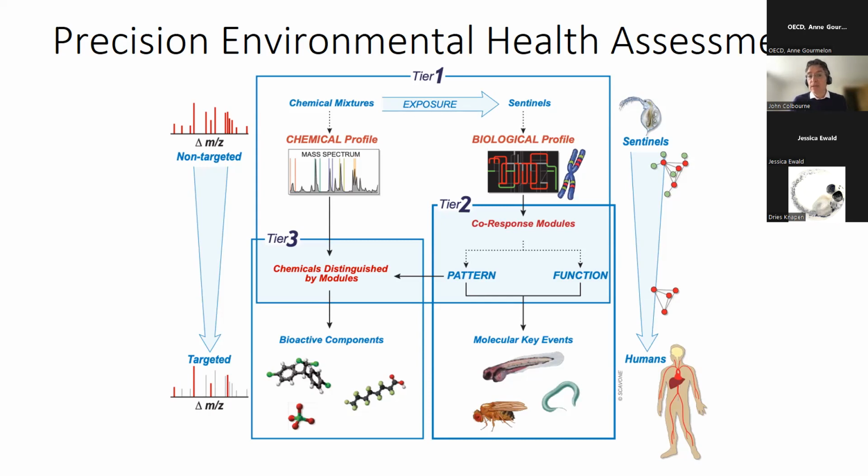You can therefore not only discover the molecular key events that are predictive of adversity, but also distinguish those elements within a chemical mixture that are coalescing in their activity to drive that toxicological response. And so this is one place that maybe in the short to medium term, we can be in a position to apply these approaches that are being talked about here during this webinar into doing true environmental health assessment for both humans and ecosystem functions.